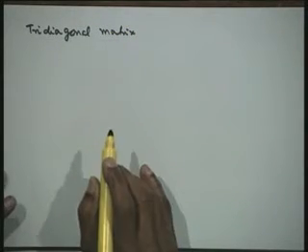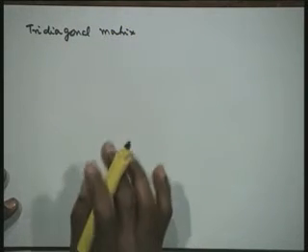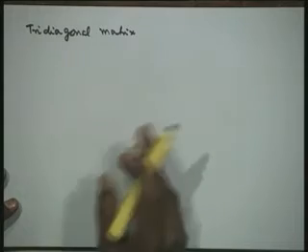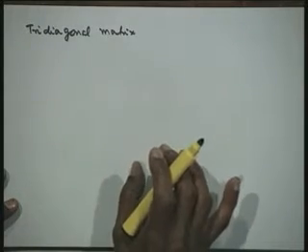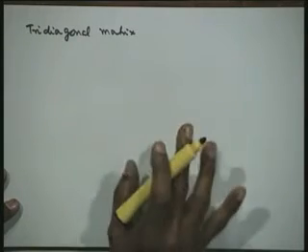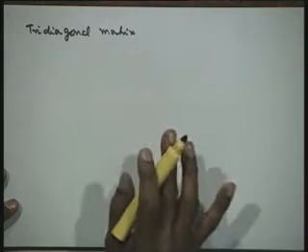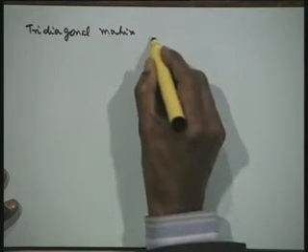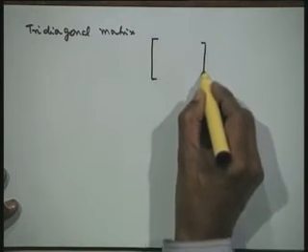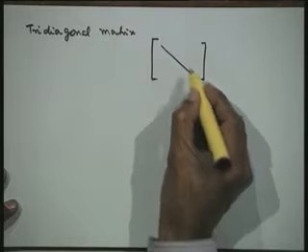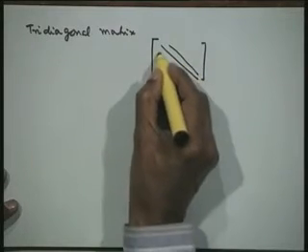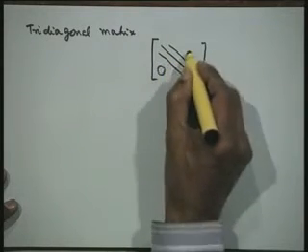A tridiagonal matrix is one in which only the leading diagonal, one above and one below, that means the 3 diagonals, are non-zero, all other elements of the matrix are zeros. That means what we have here is a matrix in which this diagonal, all others are zeros.